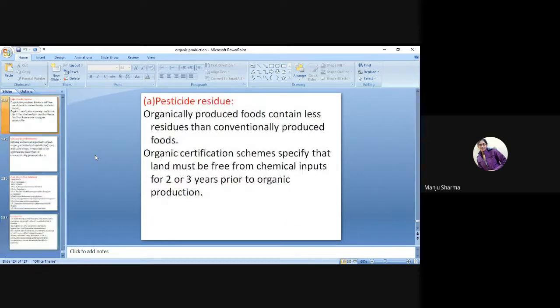So first thing is pesticide residue, in which organically produced foods contain less residues than conventionally produced food. Then next one is organic certification schemes specify that land must be free from chemical inputs for 2 to 3 years prior to organic production.